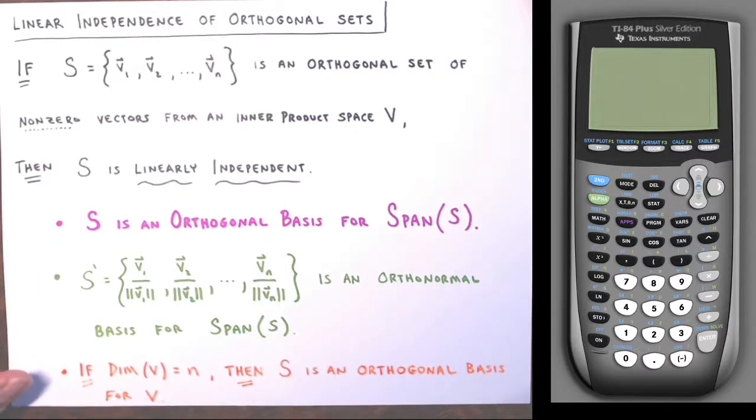Very nice to know that if you have an orthogonal set of vectors, that set will be linearly independent.